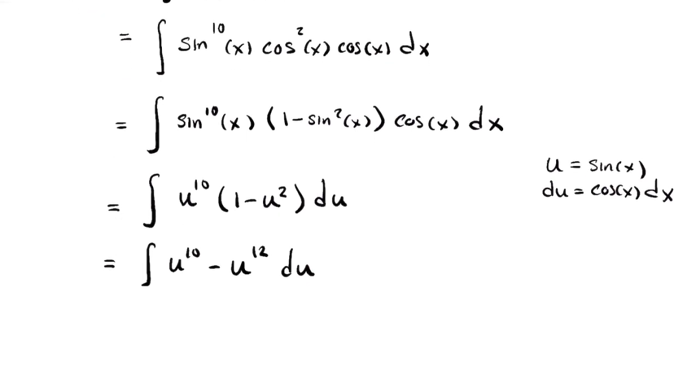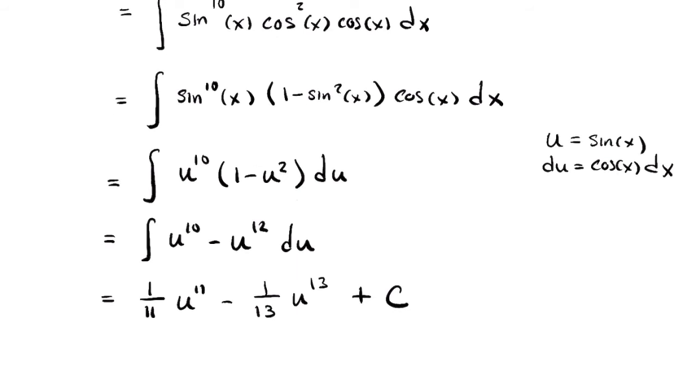I'm going to scroll so you can't see the first line there. The antiderivative of u to the 10th is 1/11th times u to the 11th. Likewise, the antiderivative of u to the 12th is 1/13th u to the 13th. I'm done taking my antiderivative on an indefinite integral, so I add the constant of integration.